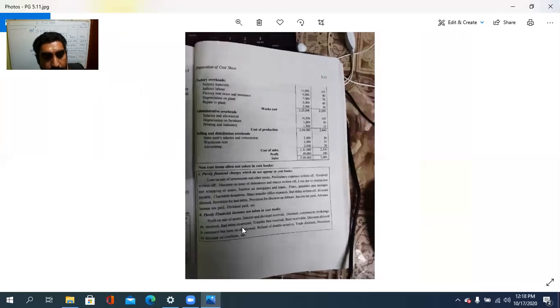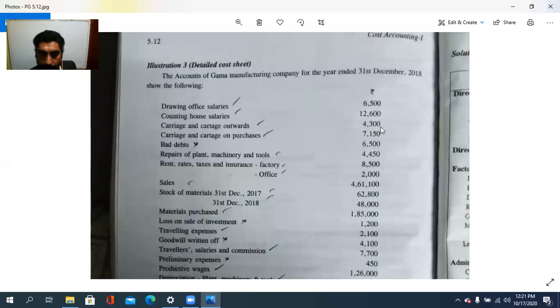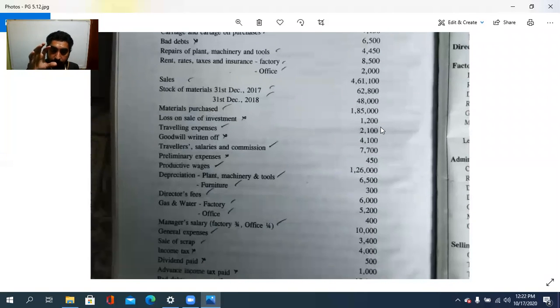And also one more thing, purely financial charges will not be taken up here in the cost books. Okay. So this problem, accounts of Gamma Manufacturing for the year ended 31st December 2018. There are several items. Purely financial charges items are also there.